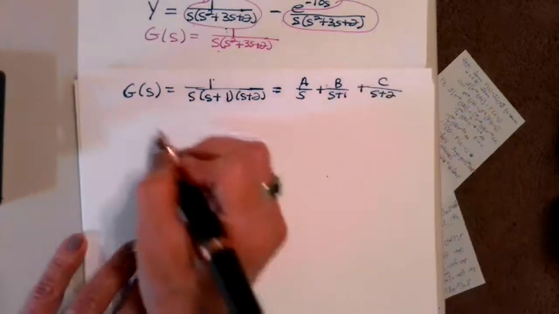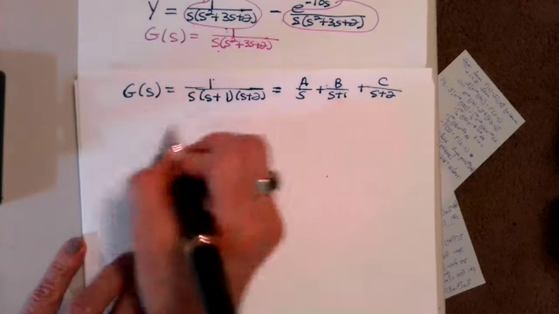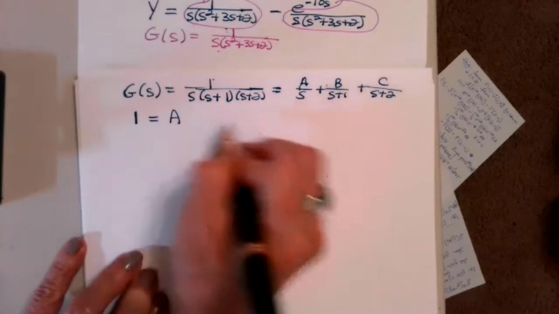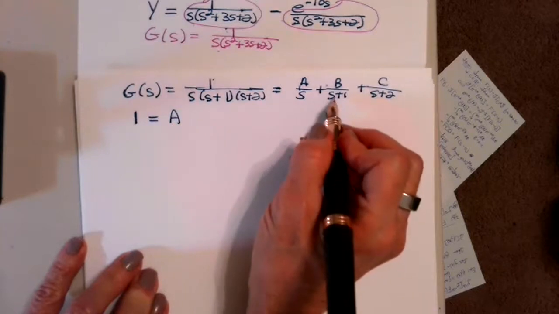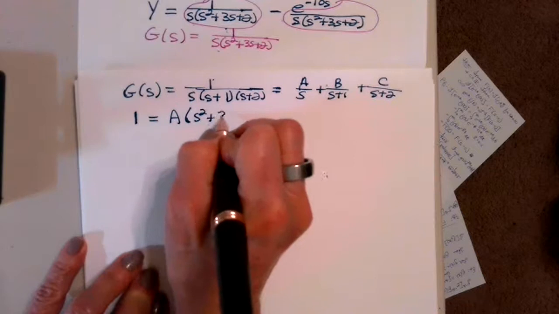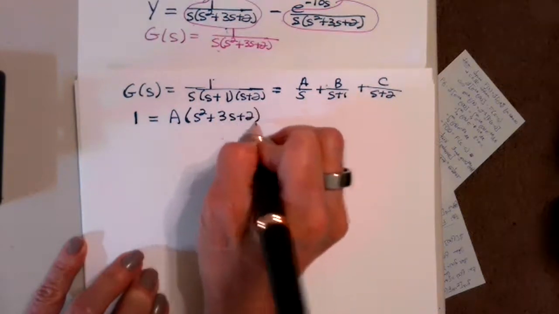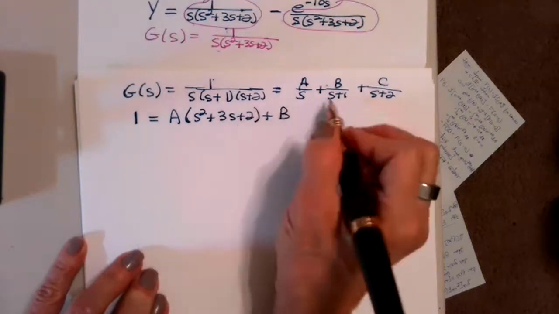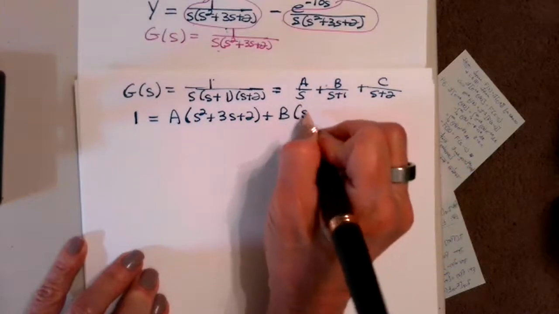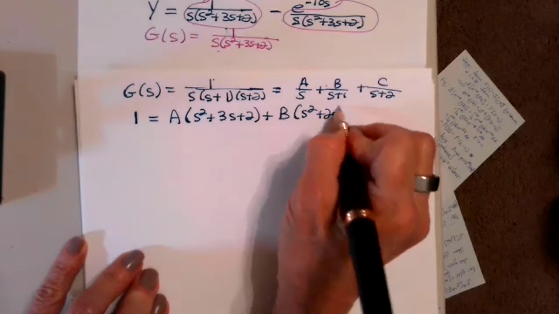Now we work out what that says, multiplying through by the denominator. On the left, I get 1. On the right, I'll get a times s plus 1 times s plus 2, so that is a s squared plus 3as plus 2a. Here I'll get b times s plus 2, so that's b s squared plus 2bs.